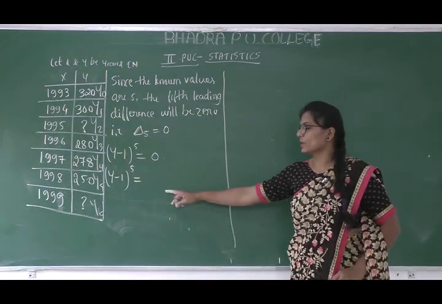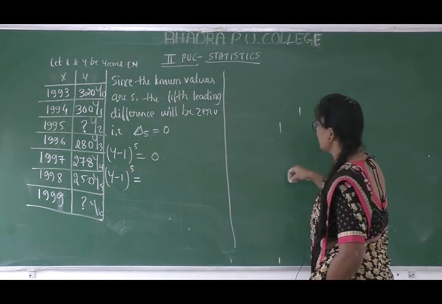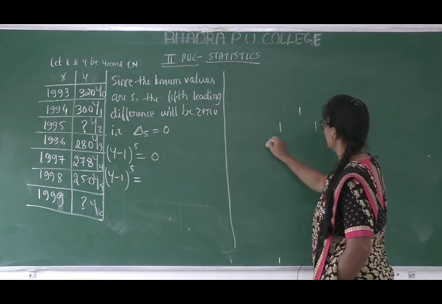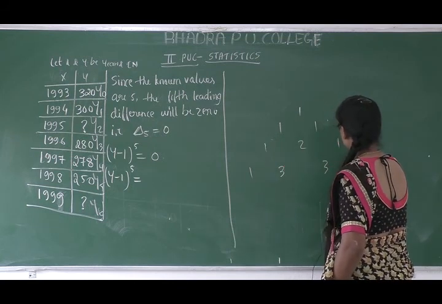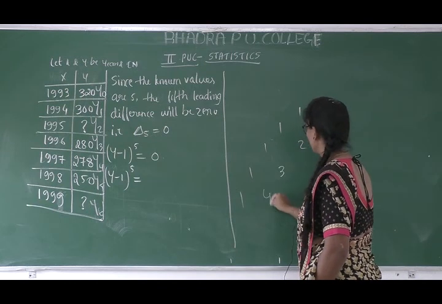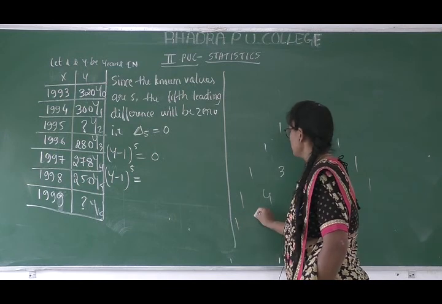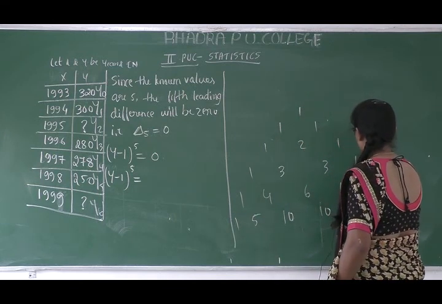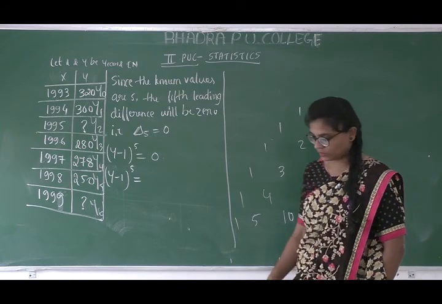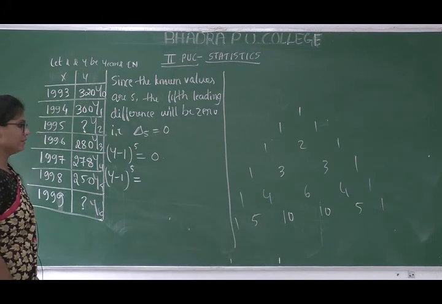We have to expand this. Therefore, Pascal triangle: we need the row for 5. 1 1, 1 2 1, 1 3 3 1, 1 4 6 4 1, so 1 5 10 10 5 1.